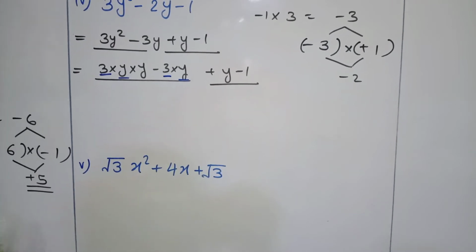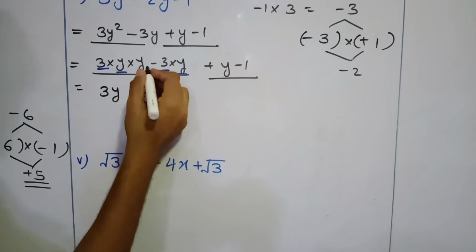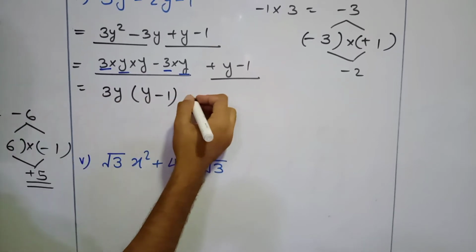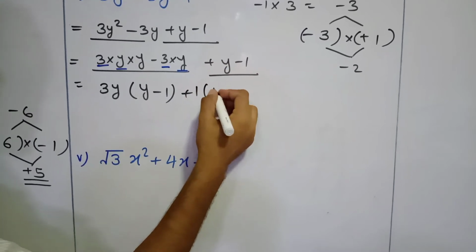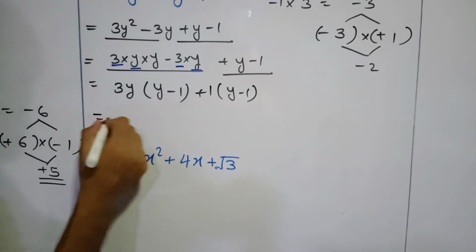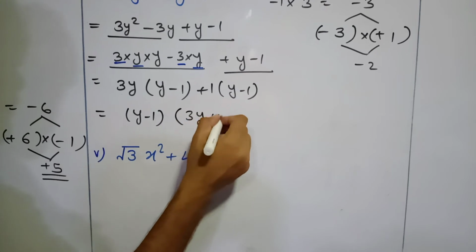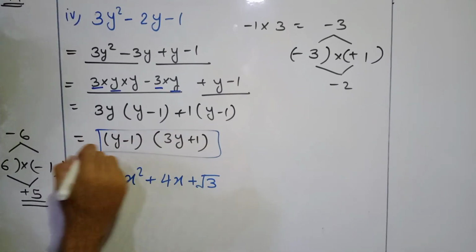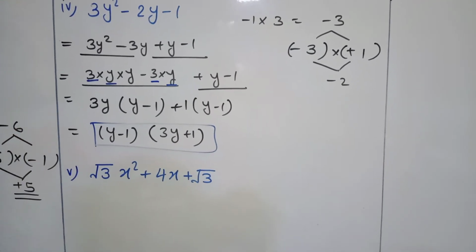Yes. So next line 3y. What remains is y minus 1. For the second pair, nothing common is there, so y minus 1 is the other bracket. You can see both brackets should be the same. So y minus 1 in one bracket, 3y plus 1 in the other. This way we close our answer, means we found the answer we needed.